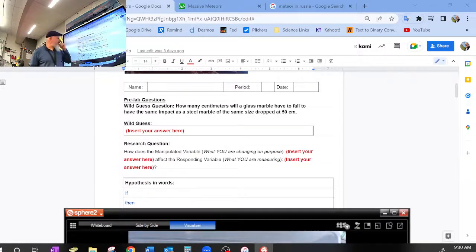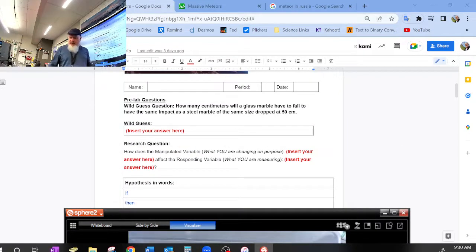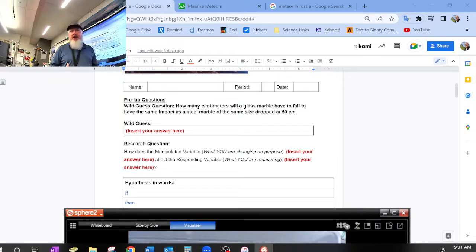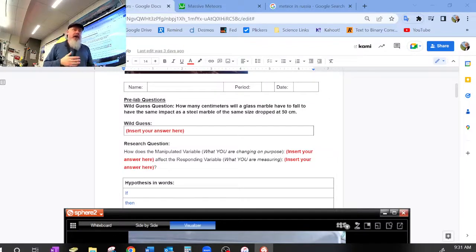So the wild guess question is, what happens if I change the height of the glass marble? Instead of dropping it from this height, what happens if I drop it from this height? Will that increase the size of the crater? Well, our formula says yes. Force equals mass times acceleration.